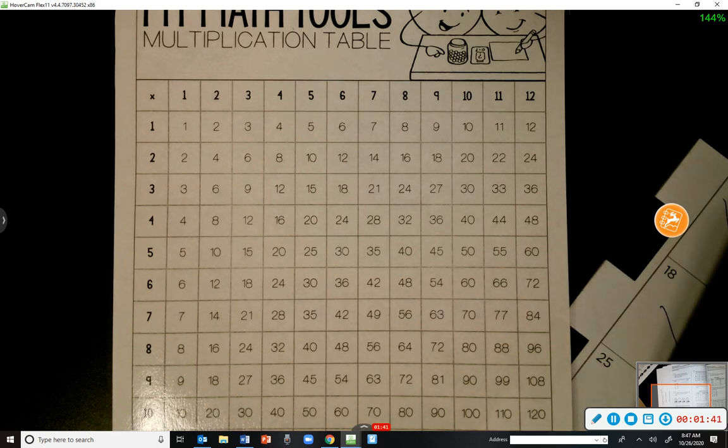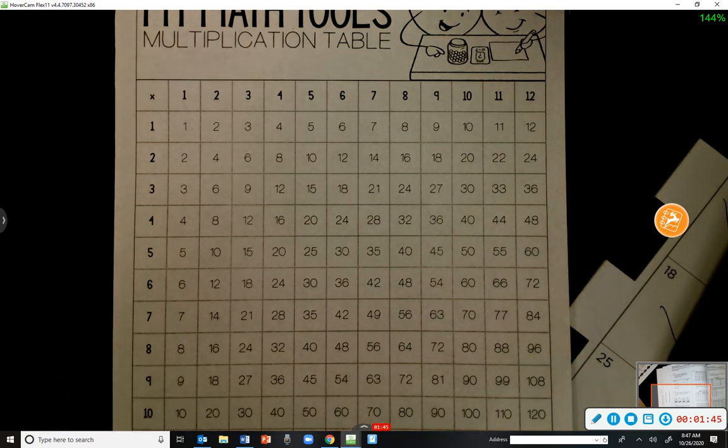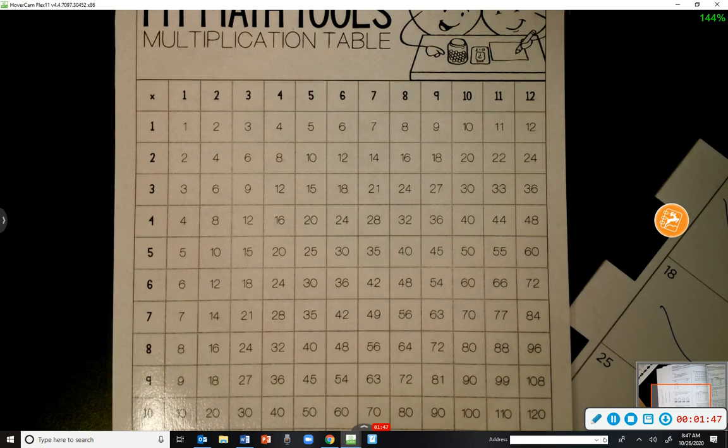Now, how do we use this? Let's look at how we use that, because this can be an important tool to help you start memorizing your facts at home. I know you're probably thinking, why do I have to memorize it? We just learned all those strategies to work it out and get the answer, like drawing a picture or drawing an array, okay?